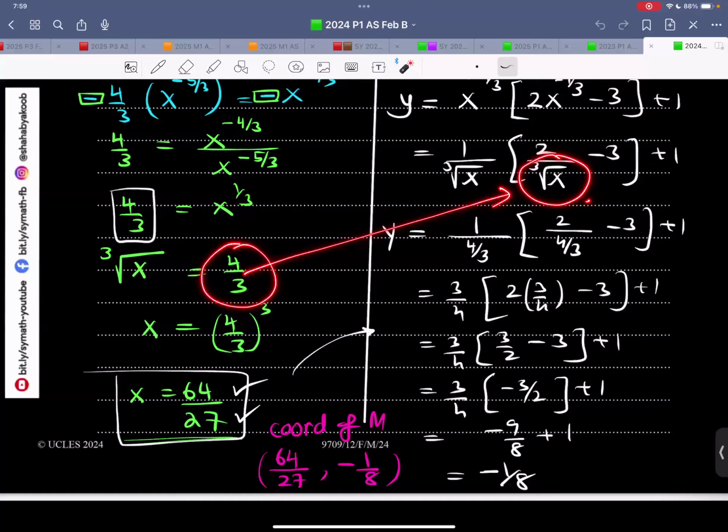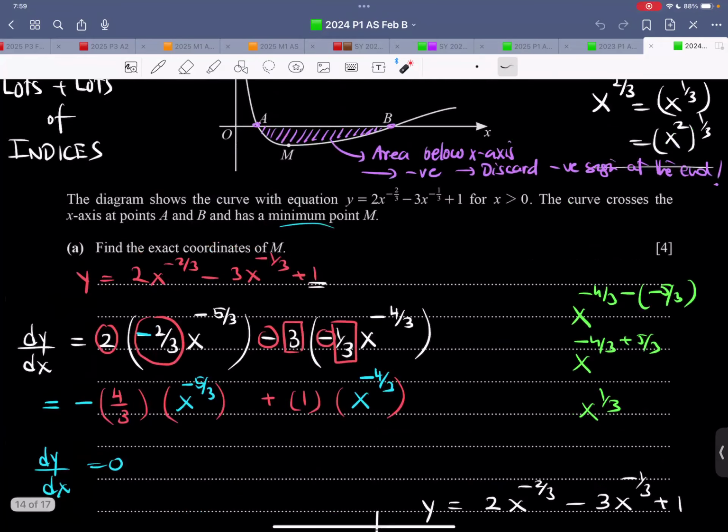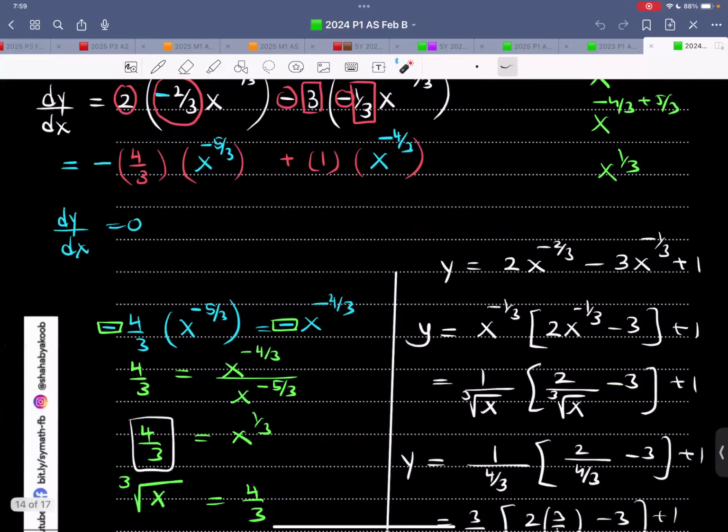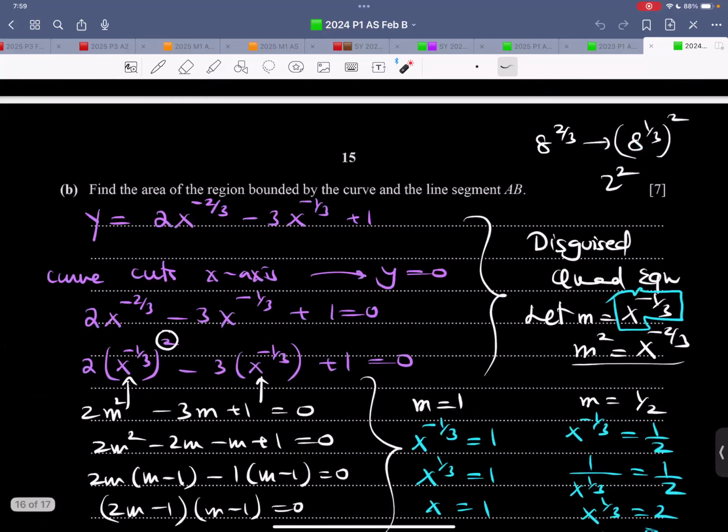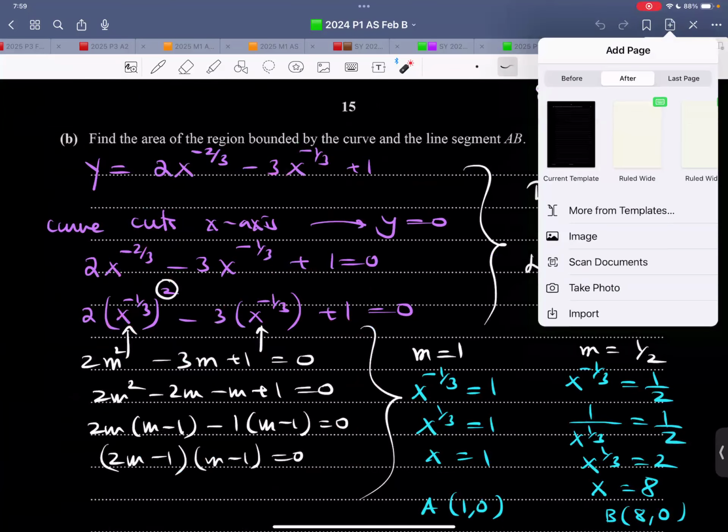So no need to write x and then take the cube root. Cube root of x is 4/3. And this makes life easier. Fractions are not very easy, but yes, it is tough in the sense that it's 4 marks and lots of working is there. So now let me go to this page and let me add a page over here.